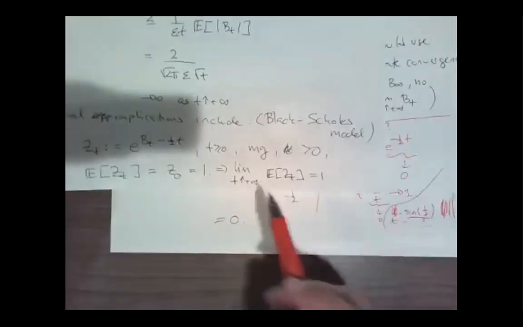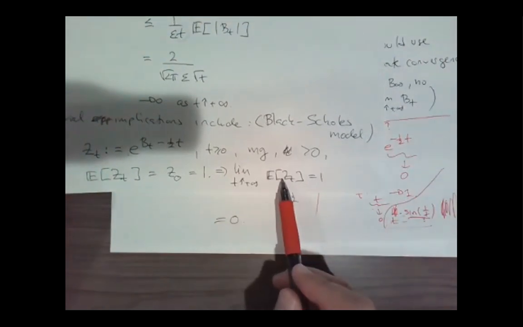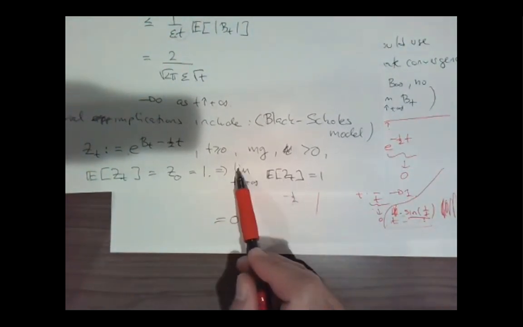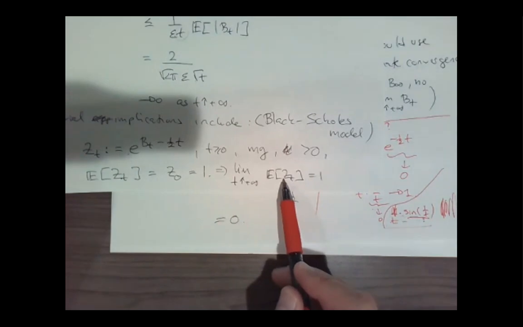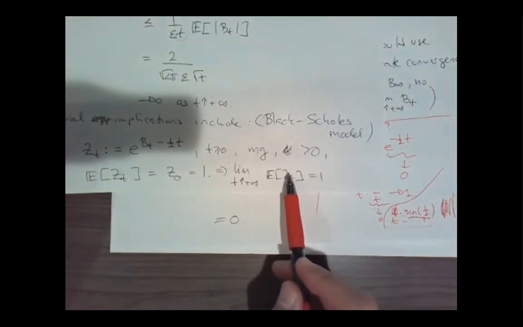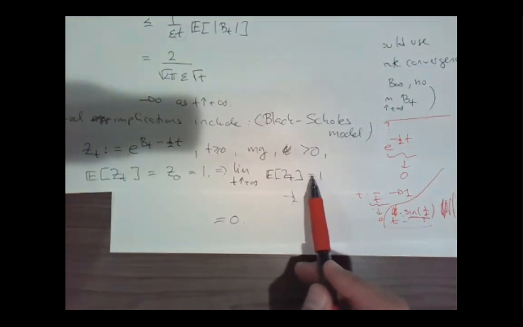And so now what you see is you cannot pull that limit inside, because if you pull the limit inside, you get a 0, and 0 in expectation is not equal to 1.